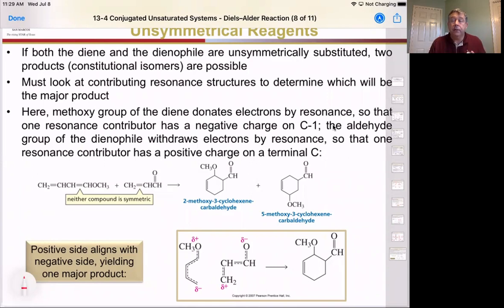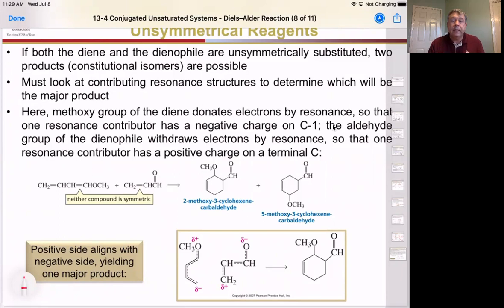The methoxy group is the electron donating portion of that system, because it's helping add electrons to the system. In the case of our dienophile, it is the propionyl, so the electron withdrawing group is the carbonyl group there.